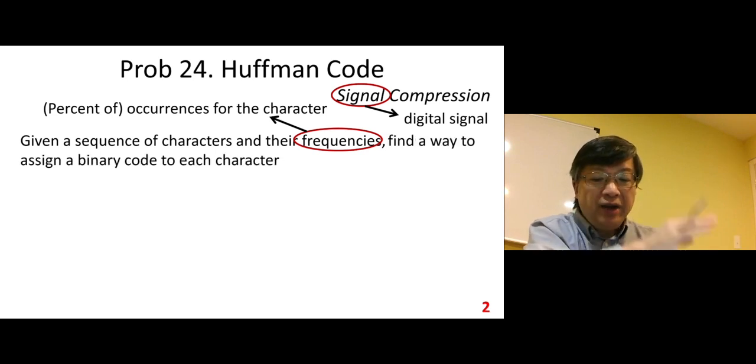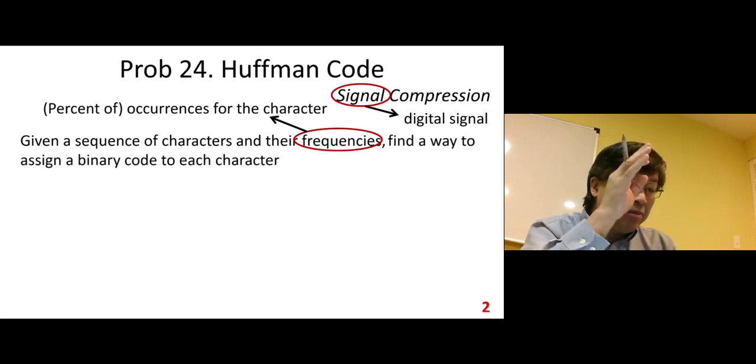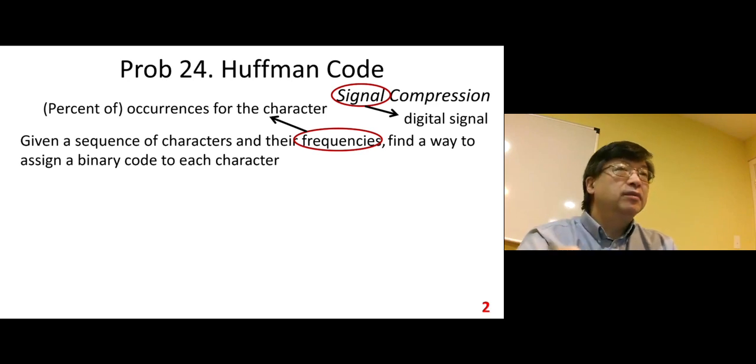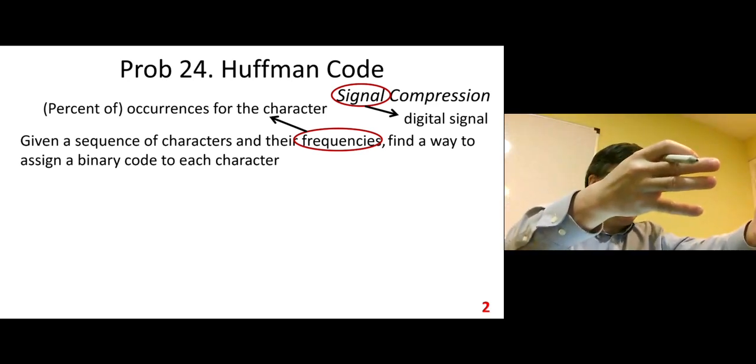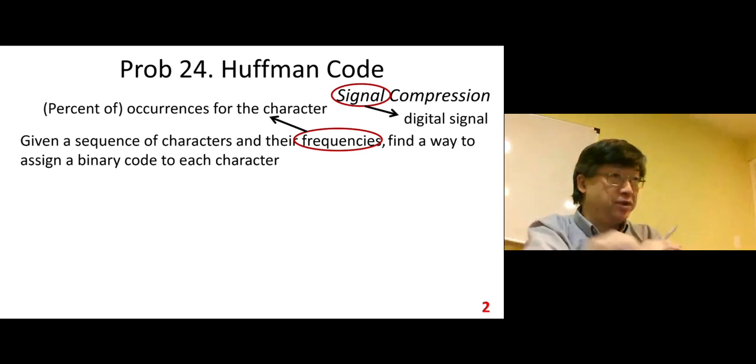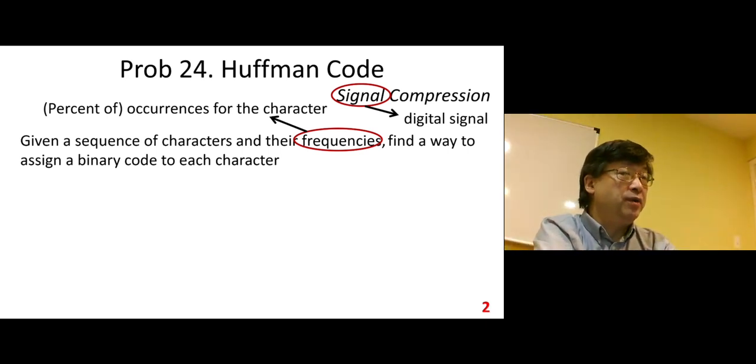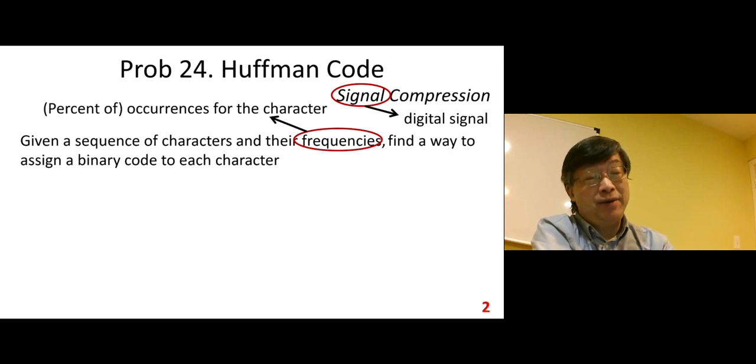Find a way to assign a binary code. Because when we encode data, we can only use the binary format, 0101.